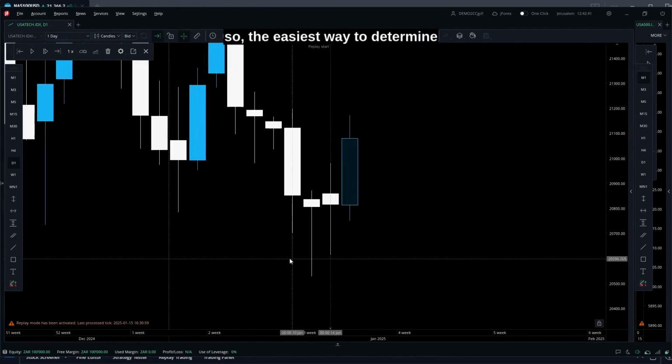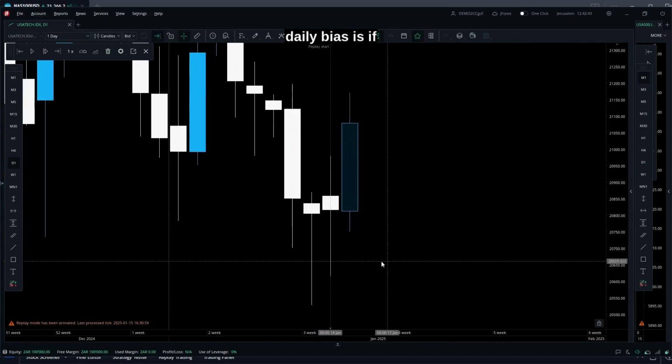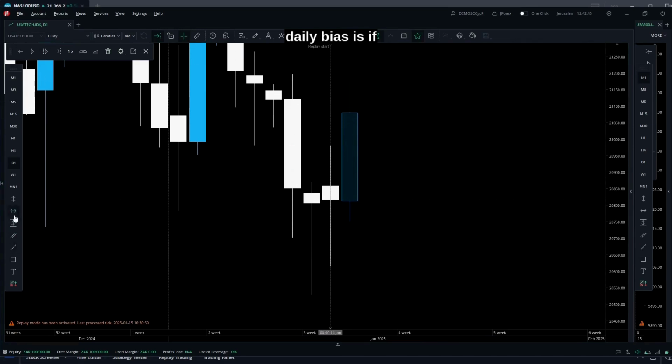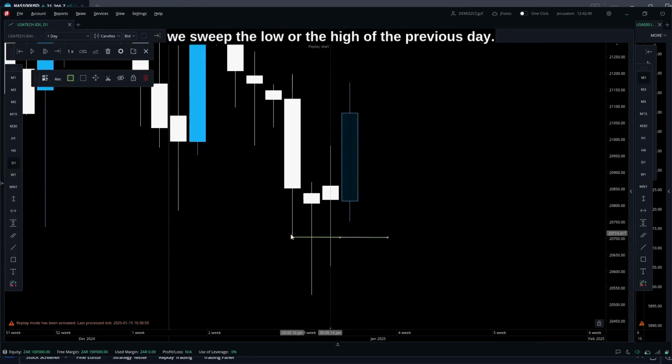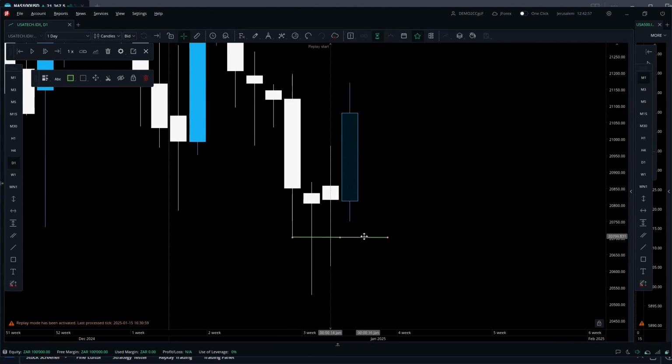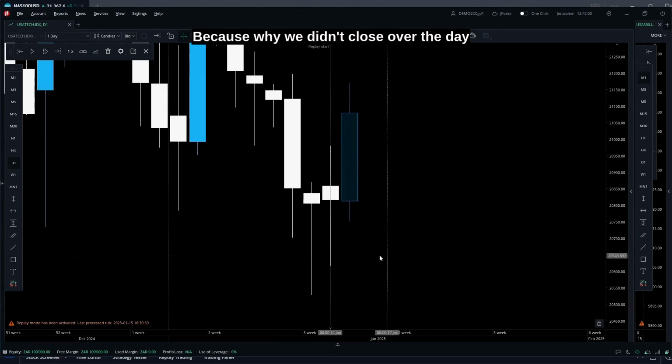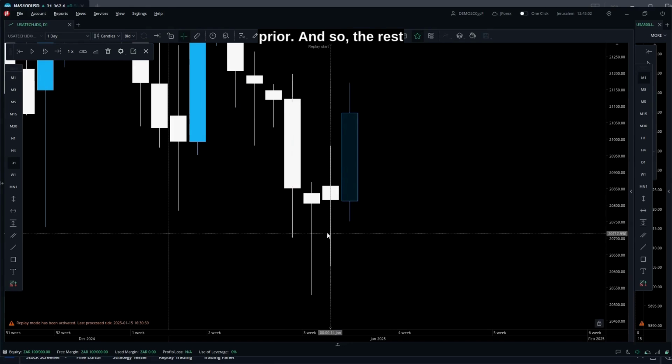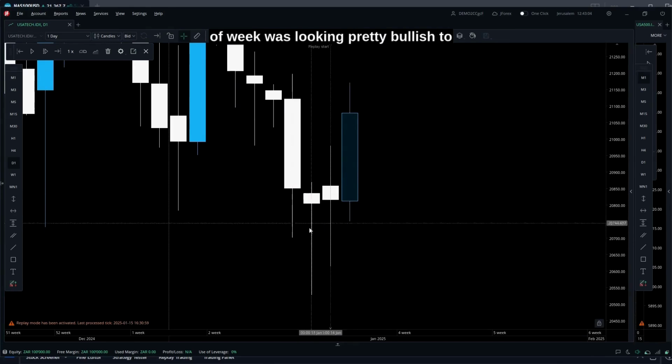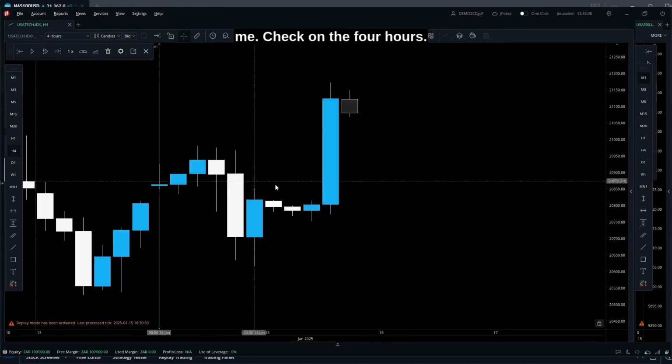And so the easiest way to determine daily bias is if we close or if we sweep the low or the high of the previous day. So we swept the low, and so this gives us a bullish bias, because we didn't close over the day prior. And so the rest of the week was looking pretty bullish to me.